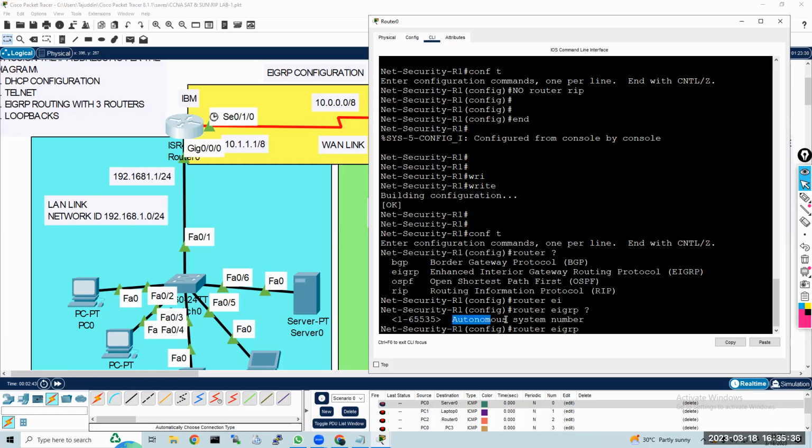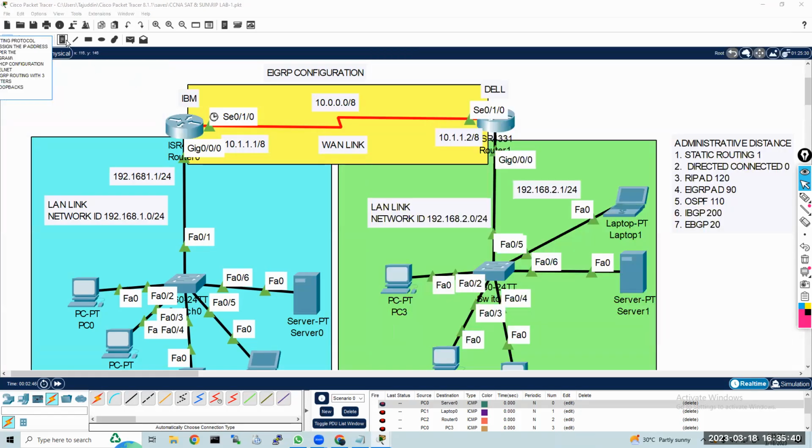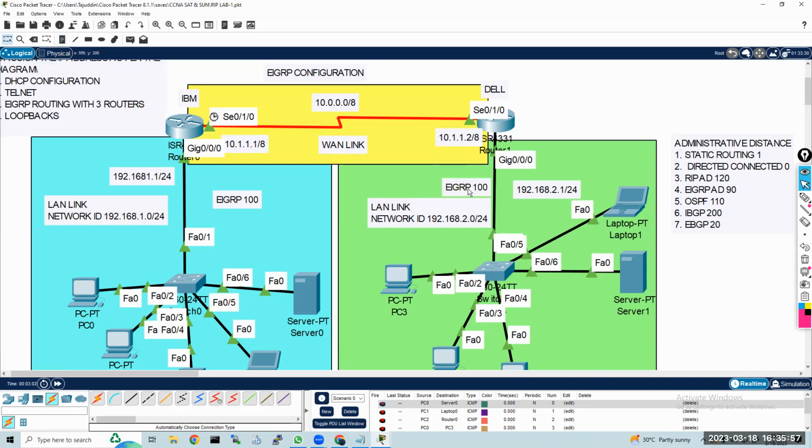What is this? This is the autonomous system number. Example, here you configured EIGRP 100, and here also you should configure EIGRP 100 only. Remember this, guys.